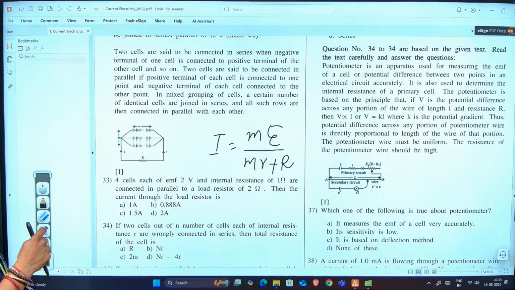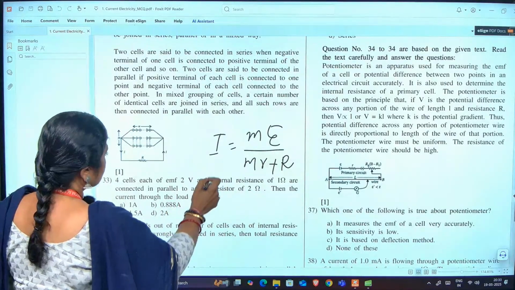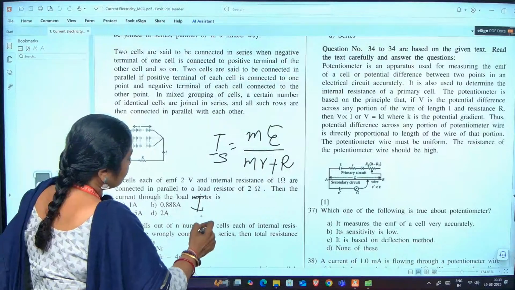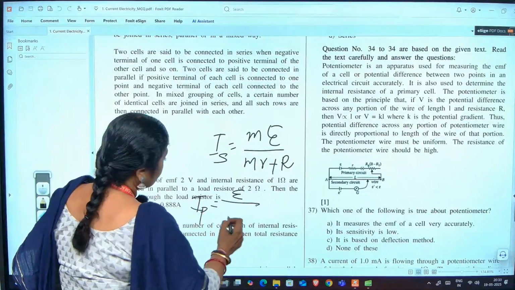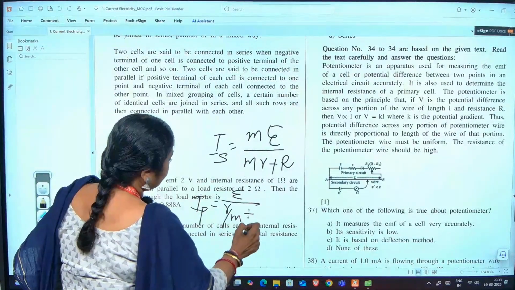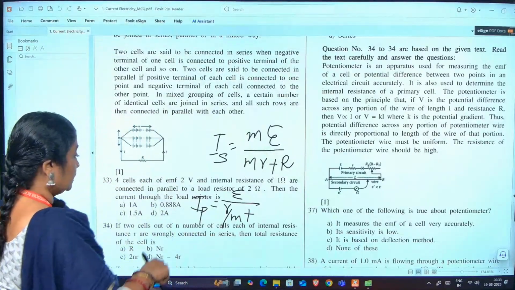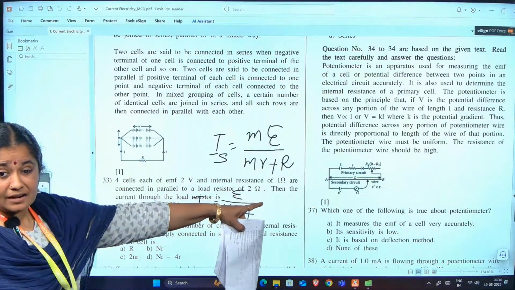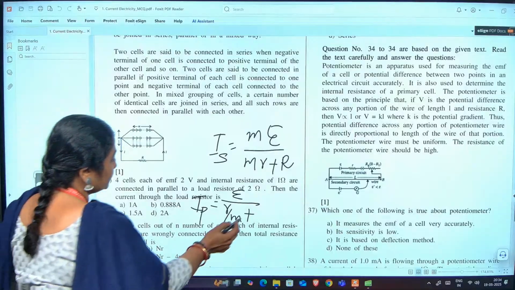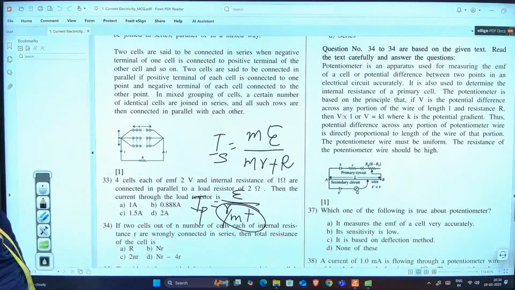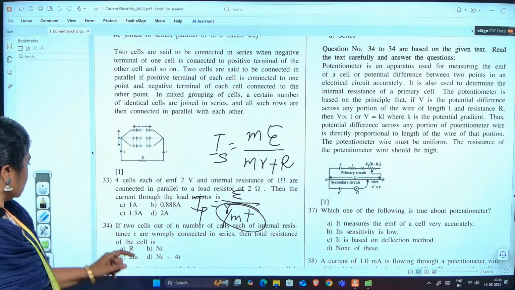For parallel, epsilon will be the same, divided by, what comes here, for parallel it is epsilon divided by r by m plus R. Since the r is also in parallel, the equation changes accordingly. Use this equation now.